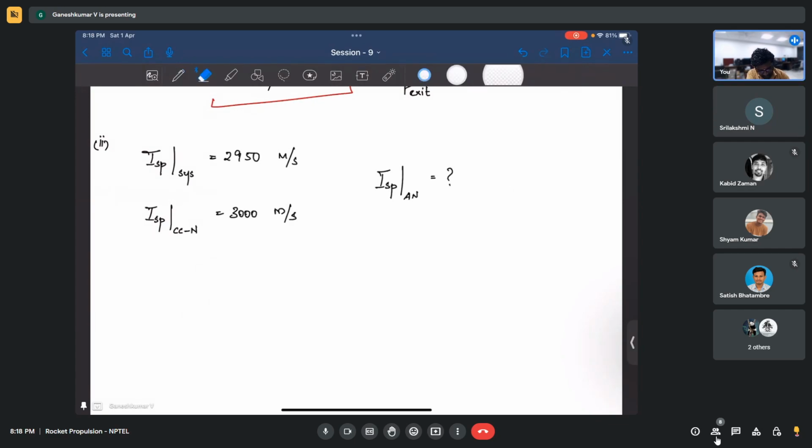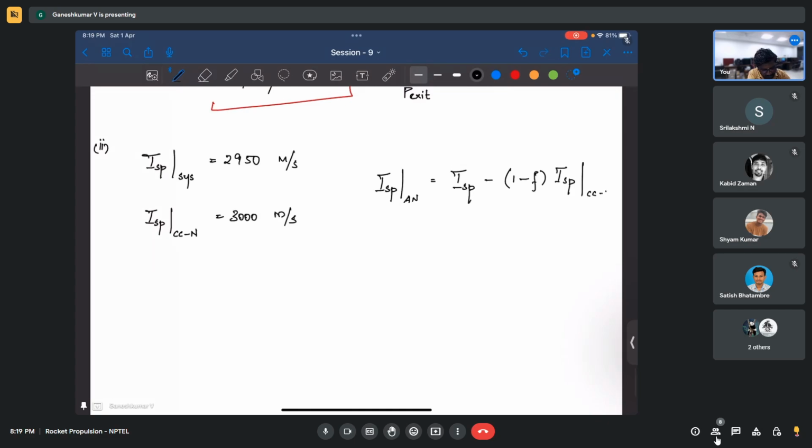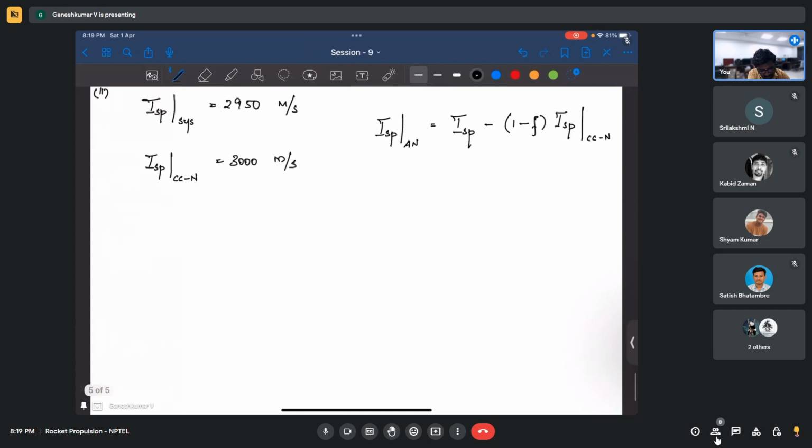So basically, you are telling we should weight this by fuel fraction. Our total ISP is F times ISP of auxiliary nozzle plus 1 minus F times ISP of the main combustion chamber and nozzle. This is what you are telling, right?